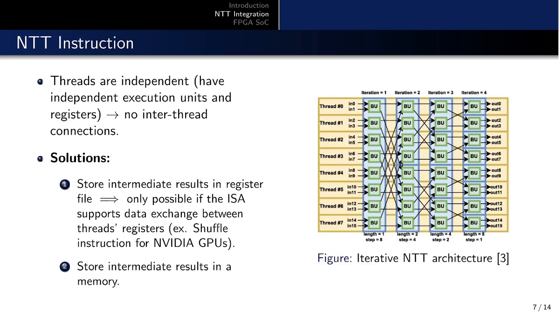The first idea that we might think of is doing an NTT instruction. However, we face the problem that threads are independent, which means that each thread has its own execution unit and its own register file. So any interconnection or communication between two threads cannot be done through a simple hardwire. There must be another way.